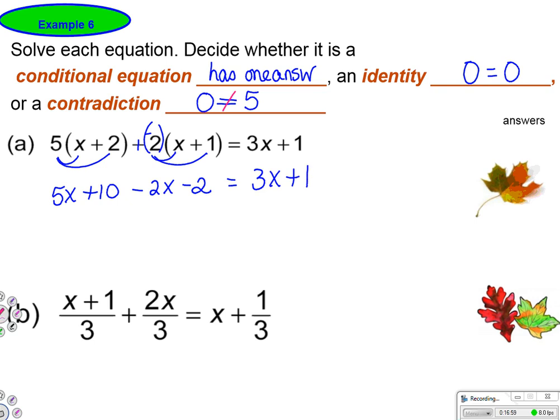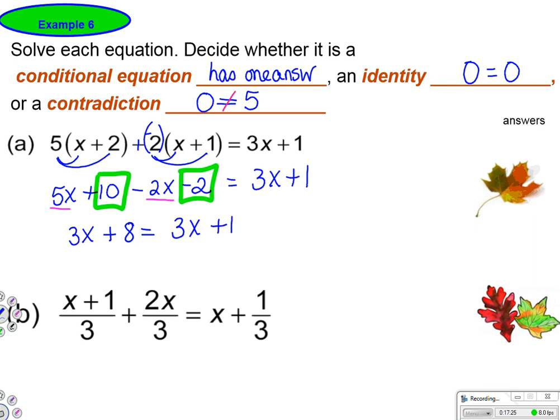Pull together like terms on the same side. So 5x and minus 2x gives me 3x. And the number part, 10 and a -2 can come together, and 10 minus 2 is 8. On the right-hand side, it's just a nice, simple 3x plus 1.